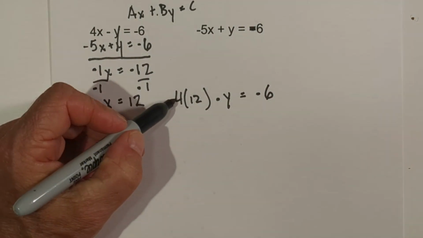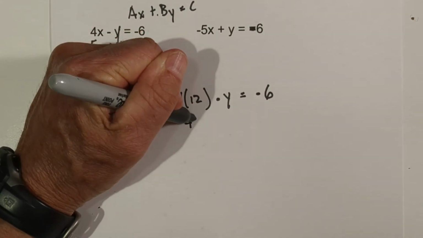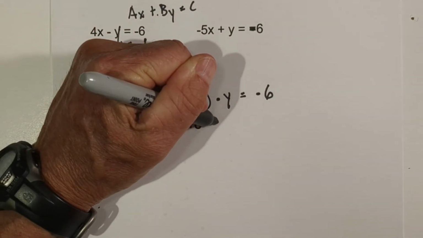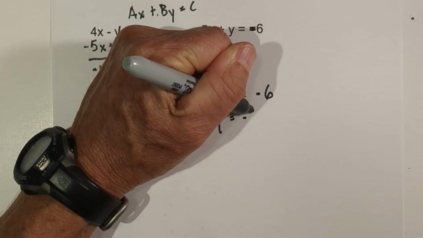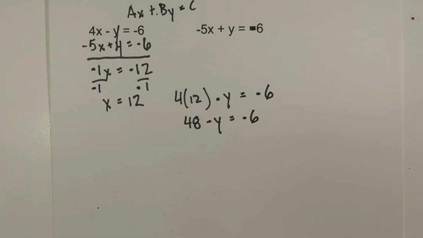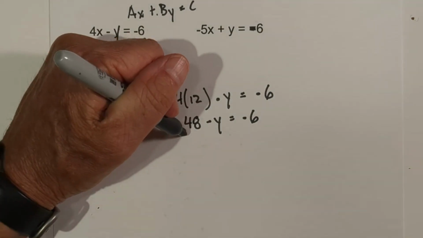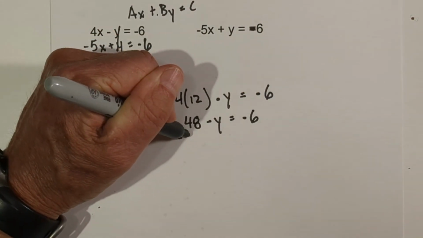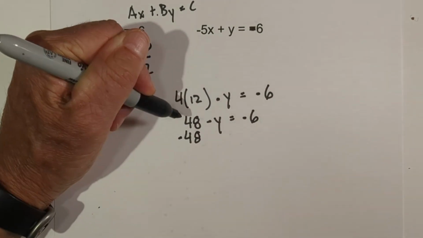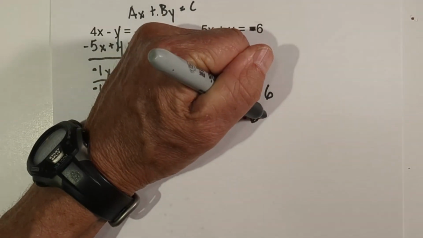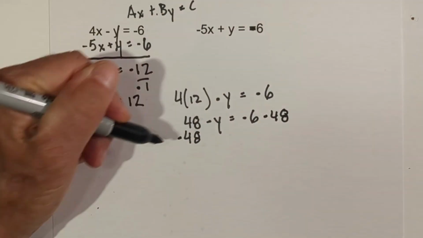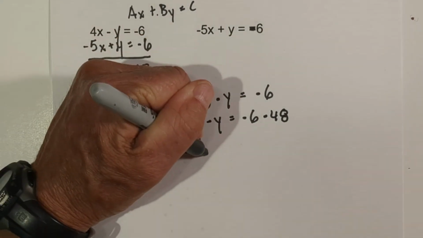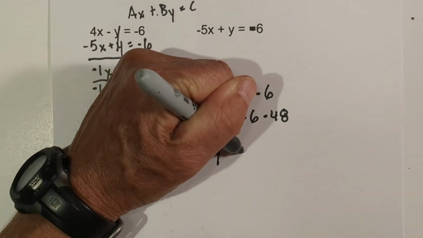Now 4 times 12 is 48, minus y equals negative 6. Let's get rid of this 48 by moving it to the other side: subtract 48 from both sides.